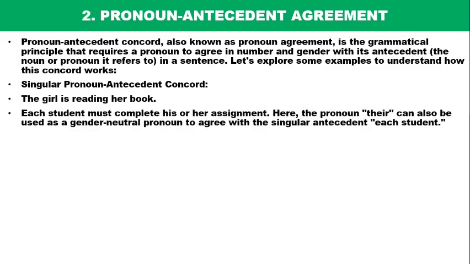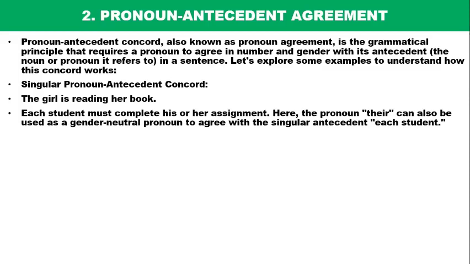Another example, each student must complete his or her assignment. And here you see that the pronoun there can also be used as a gender neutral pronoun to agree with the singular antecedent, each student. So you can say his or her assignment, and you can also say their assignment. This usage is becoming increasingly common among English users.